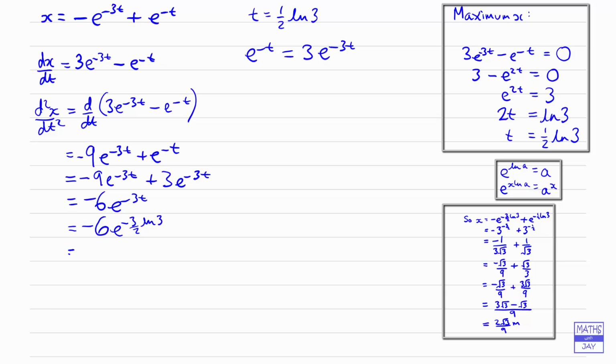So that's going to be minus 6 times 3 to the power of minus 3 over 2. So that's minus 6 over 3 root 3. 6 over 3 is 2, so minus 2 over root 3. Or you could write that as minus 2 root 3 over 3 if you like, but the important thing is that that is negative, and that justifies that we have actually got a maximum value.